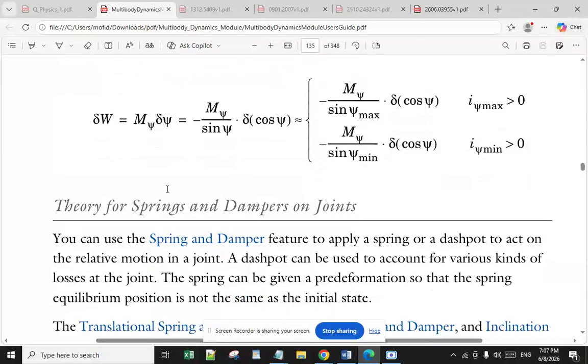When I zeta minimum is greater than 0, we have a minus M zeta divided by sine zeta minimum multiplied by the delta cosine zeta.